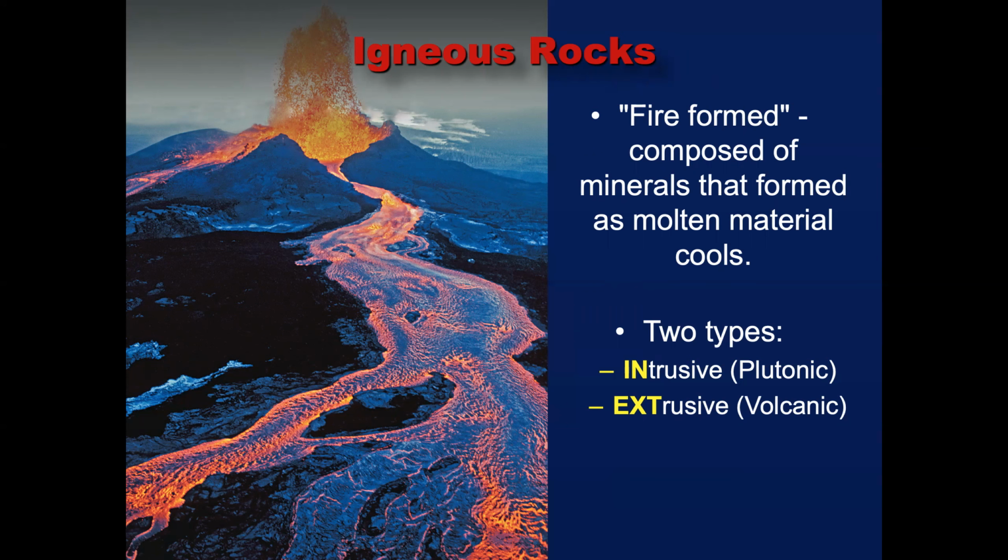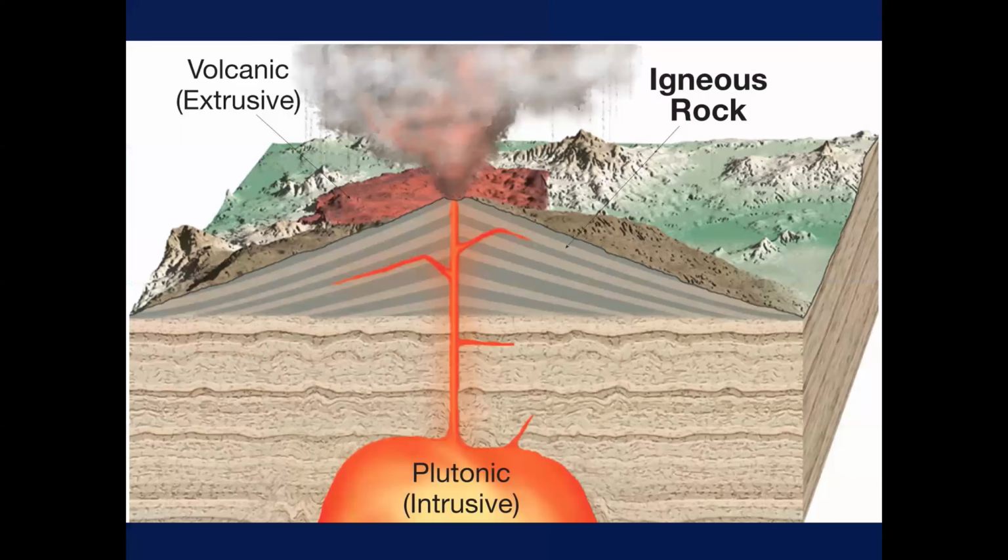And if you've been watching any of the volcanic activity that's been happening in Iceland and on the island of La Palma in Spain or in Hawaii, that is mostly extrusive material because you're literally seeing it form outside. It isn't forming on the inside. And there's a big difference. So here's volcanic, here is plutonic. Inside, outside.